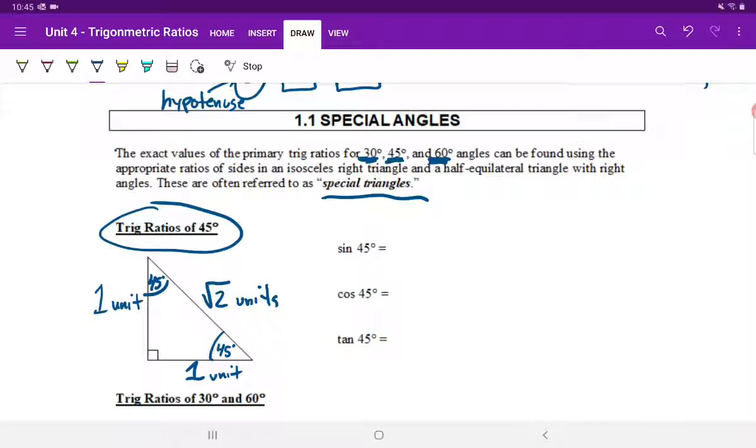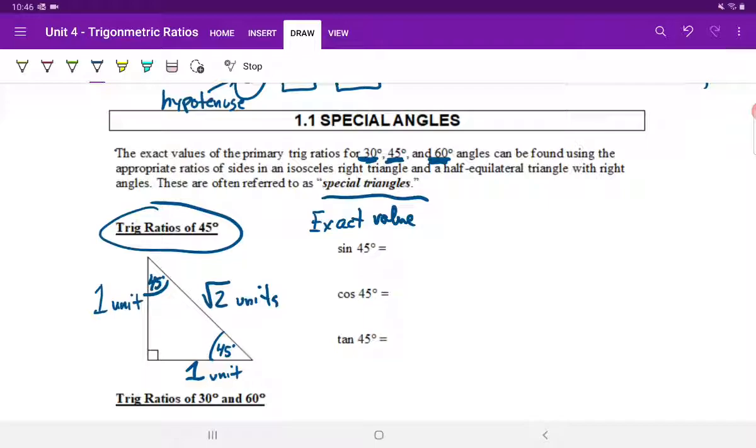All right, so what we're going to do now is figure out the exact value of the following. So sine of 45 degrees. What that means is, what is the ratio of opposite over hypotenuse for a 45-degree right angle triangle.